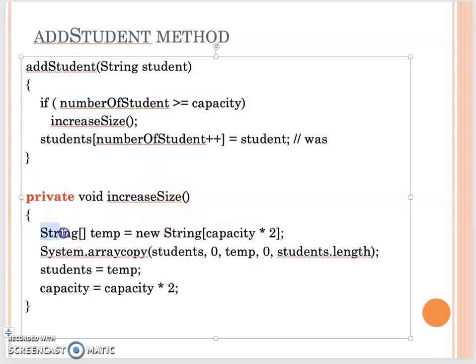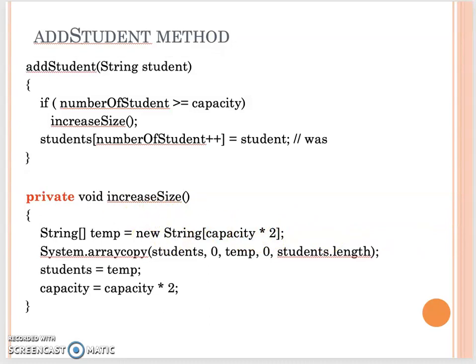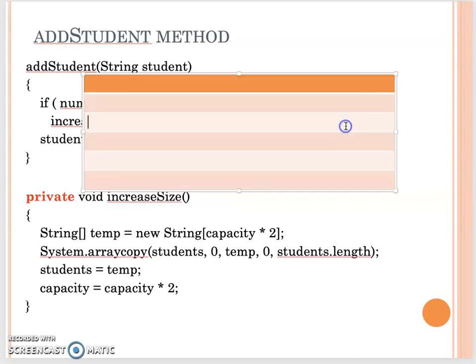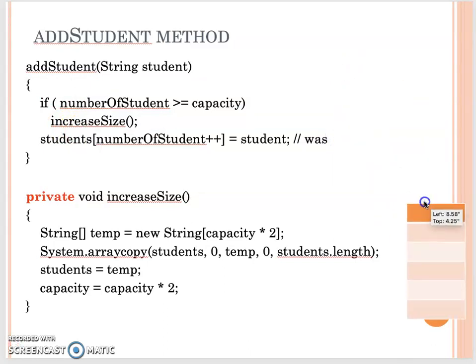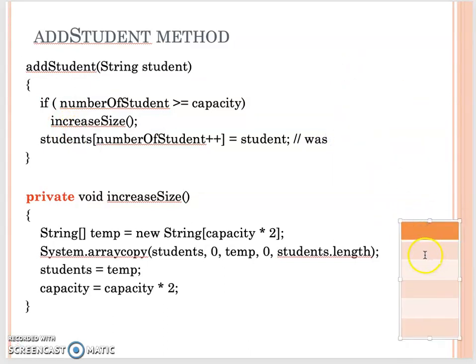So that's why you see here, we need to recreate a temp array. That's a string array. I'm using the current capacity times 2. After that, you see I enlarge the current array. For example, this is my new one, which has the capacity doubled.